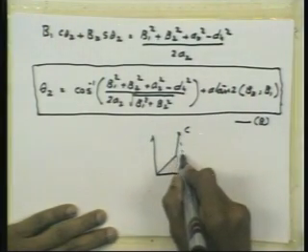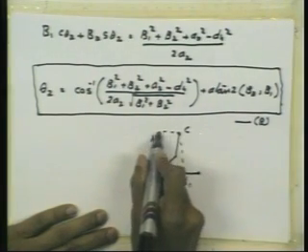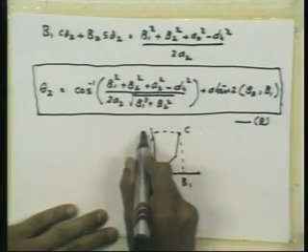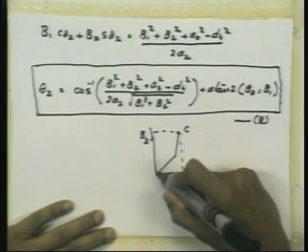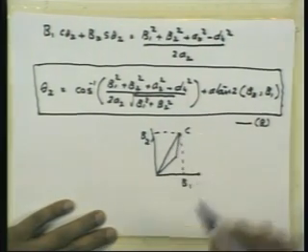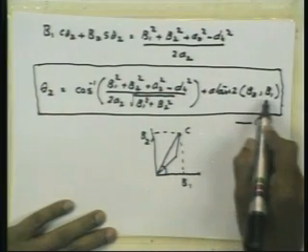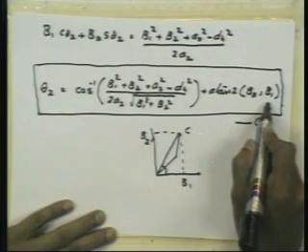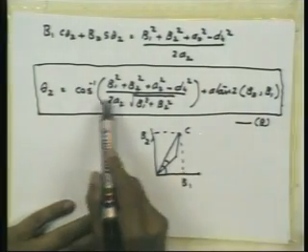This is B1 and this is B2. This particular angle is the tan inverse that you are seeing here, and this particular angle is the cos inverse that you are seeing.